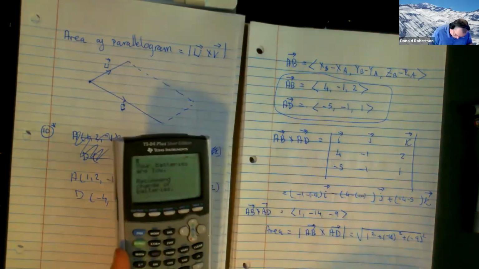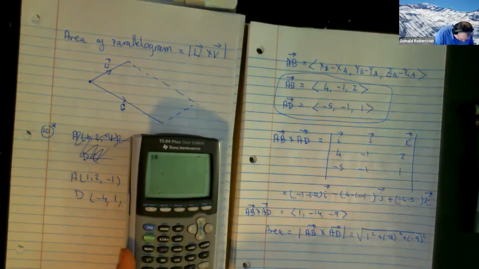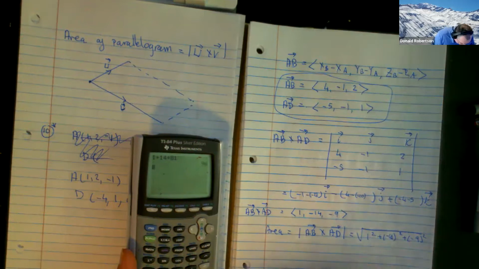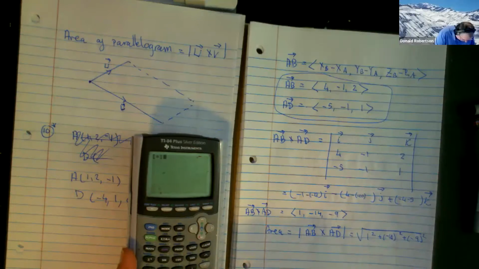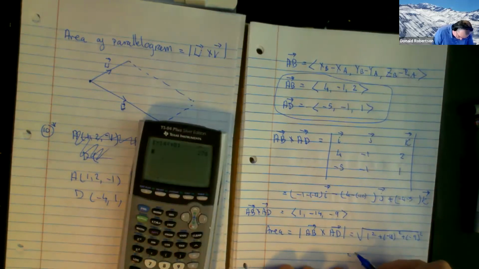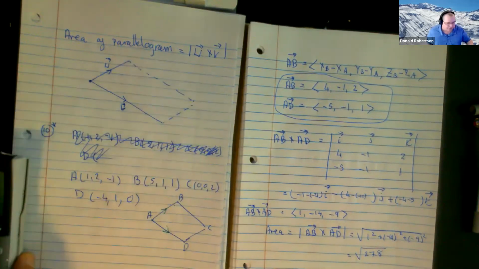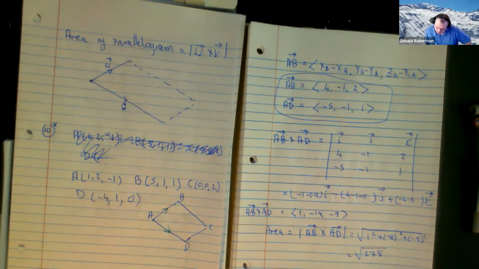Again, I'm not going to try that. It's 1, add 144 plus 81. It's 14 squared. Yeah, 1 plus 14 squared, plus 81, that looks better. 278. And there's an exact value.